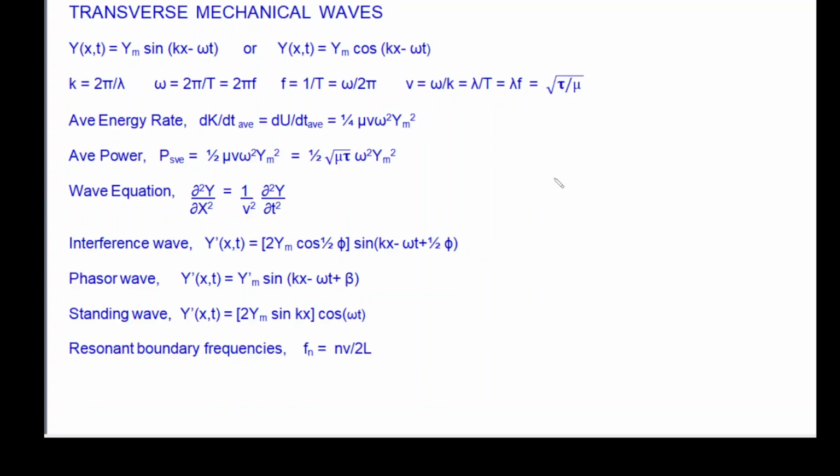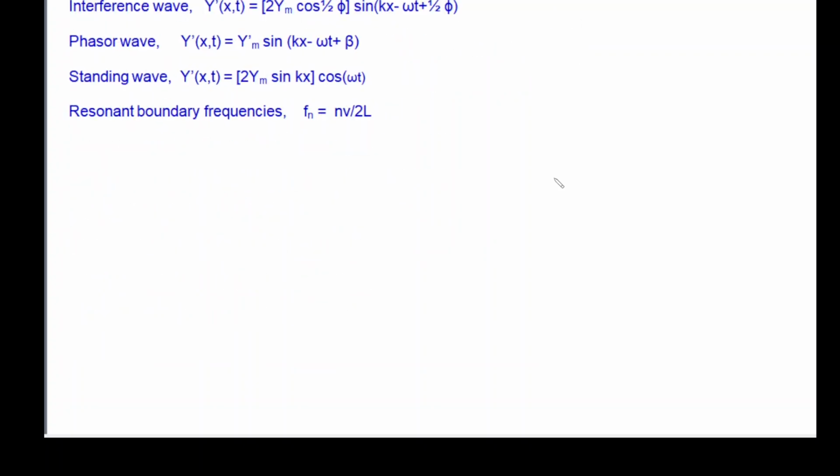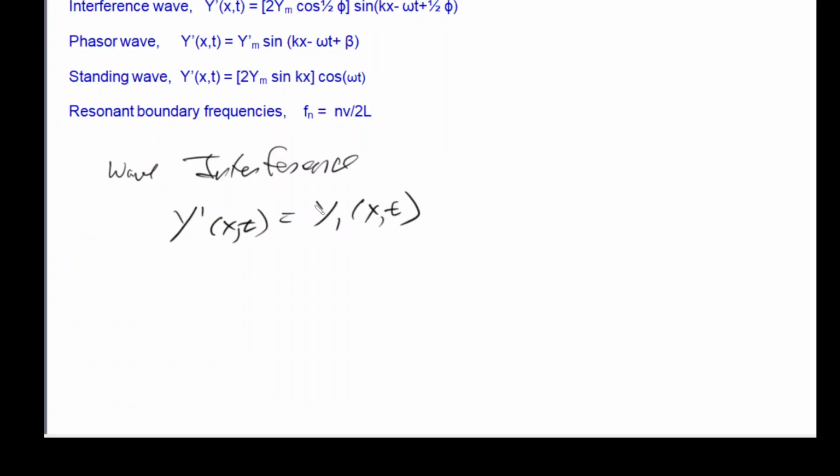Now we'll look at wave interference. Two waves traveling along a string produce a resulting wave with the algebraic sum of both waves. So our resulting wave y of x and t is equal to the first wave plus the second wave.